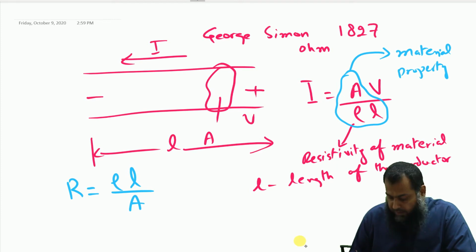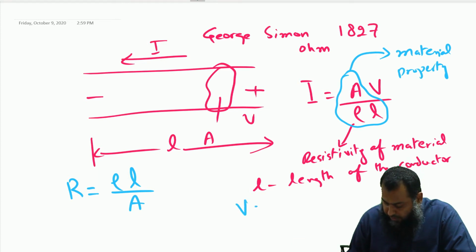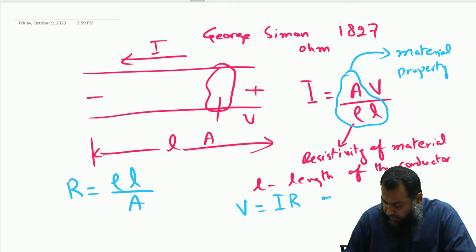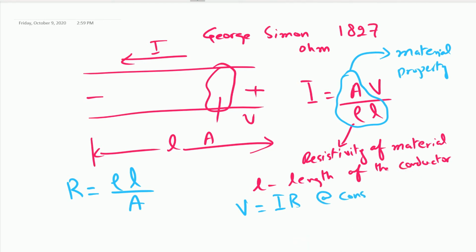Resistivity rho depends on the material and the length. So in terms of these two parameters, he proposed that the voltage applied is proportional to the current, provided that the resistance stays constant, and that is at a constant temperature.